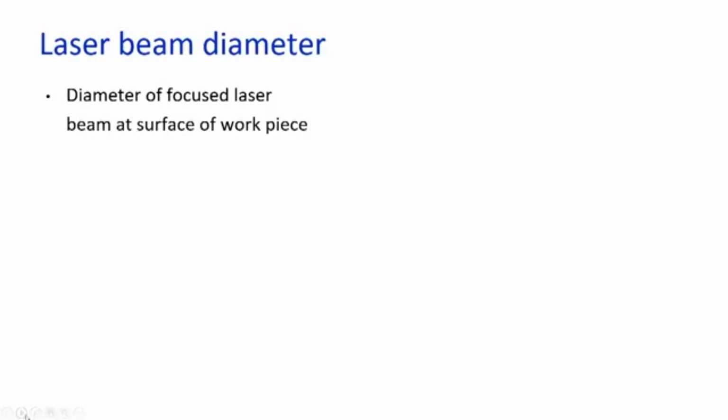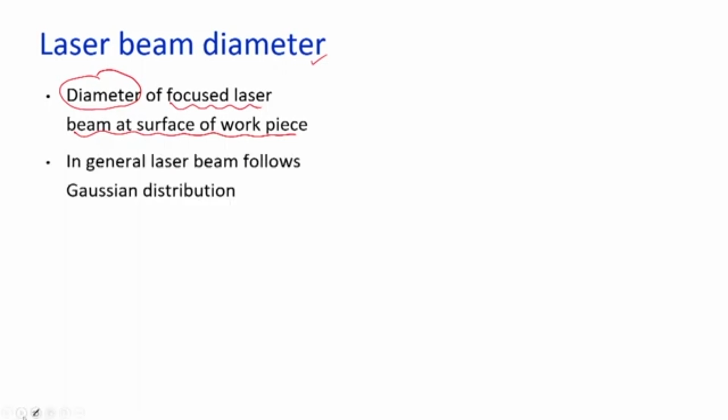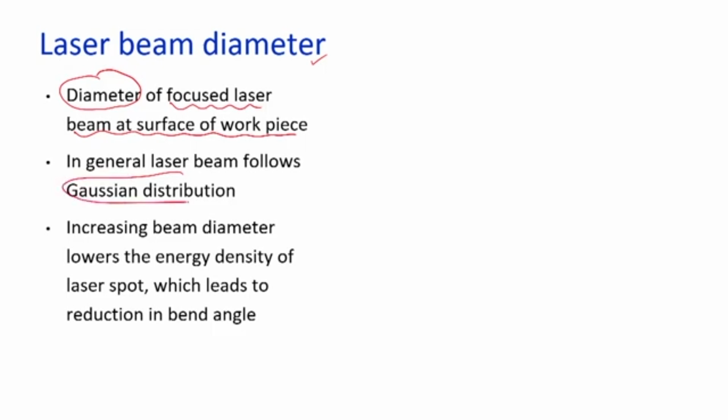The next parameter is laser beam diameter, which is the diameter of the focused laser beam on the surface. As we have seen, in general laser beams follow the Gaussian distribution.